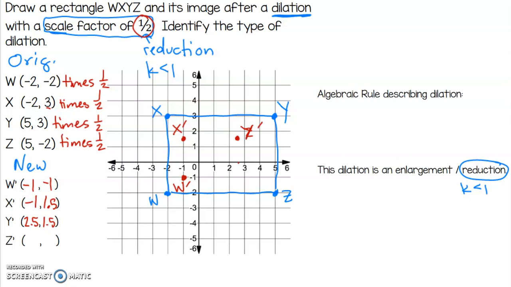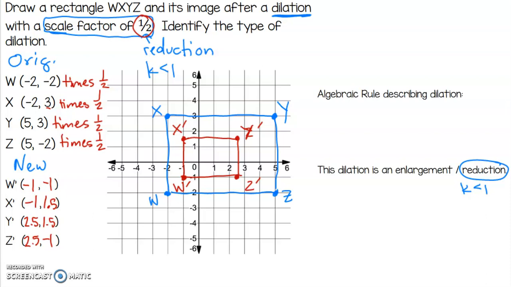And then for z, half of 5 is 2.5. Half of -2 is -1. So I go over to 2.5 down to -1. There's actually z prime, right? Connected, it should still be a rectangle. It's smaller, which matched what we said it should be. It's a reduction because the scale factor is less than 1.